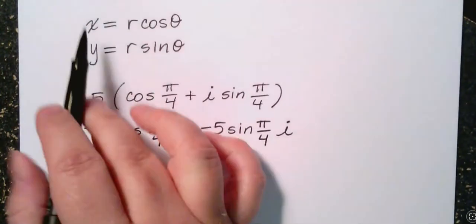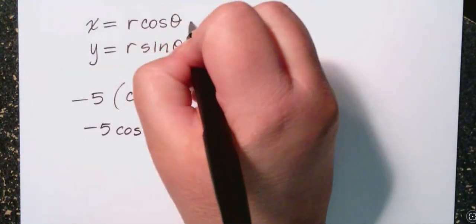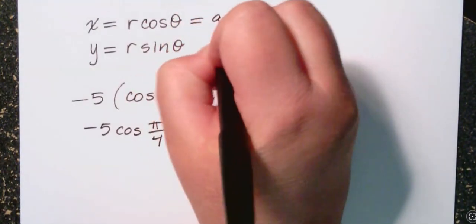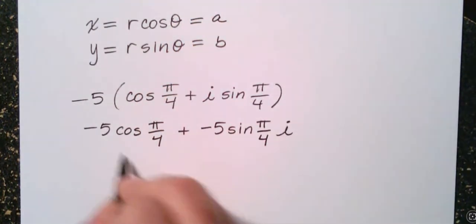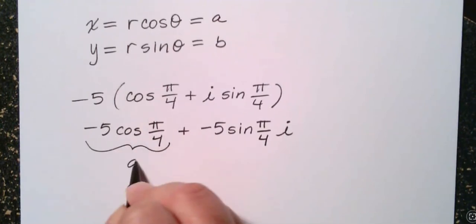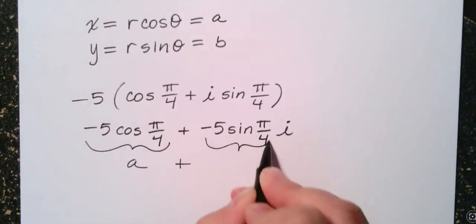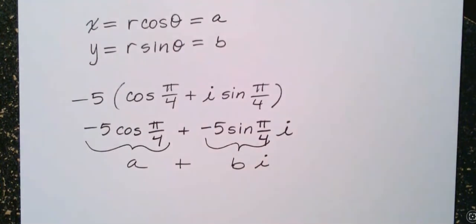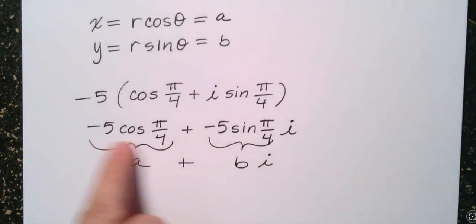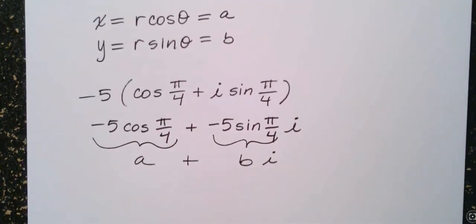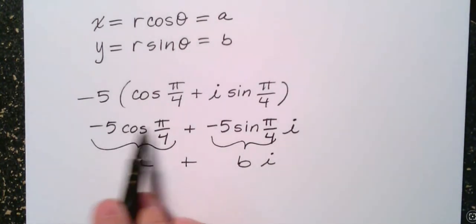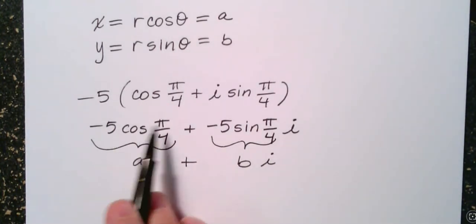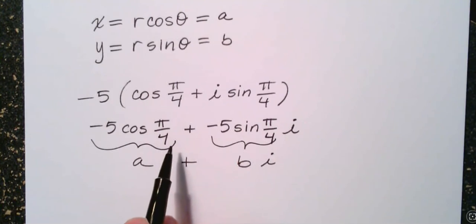Well, if this is x and y then that's basically going to be A and B. So in other words, this is A plus B times i. We can just calculate this. We don't really have to translate it as much as we just simplify it. Cosine of pi over 4 is square root of 2 over 2.